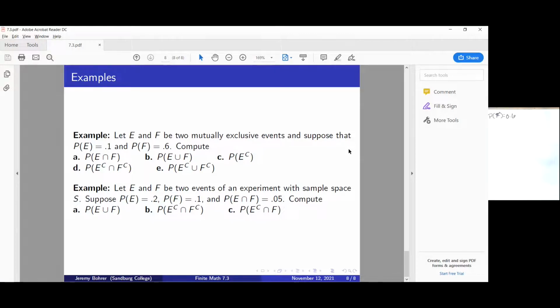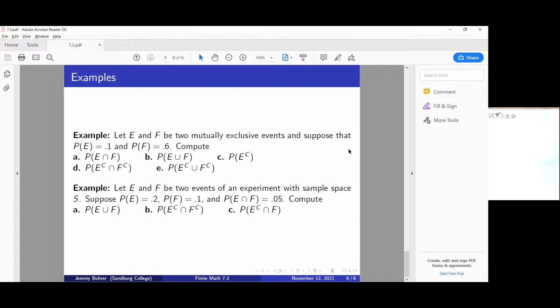We're asked to compute the probability of the intersection of E and F, that is the probability of E and F, the probability of E or F, the complement, or not the complement, but the word I am looking for, sorry, I always forget these words when I'm not teaching that specific thing.